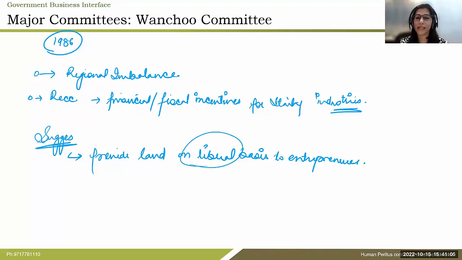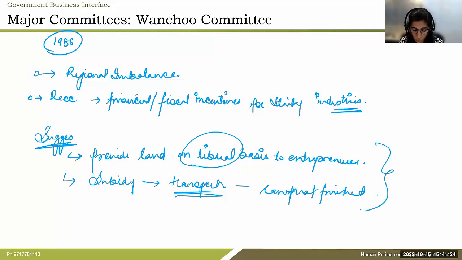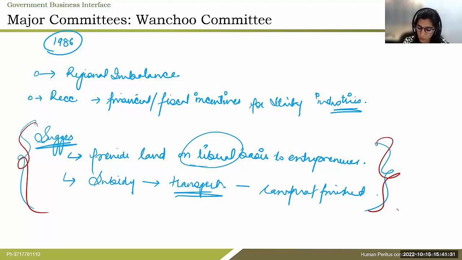No red tapeism and all. Also, subsidy should be given on transport, so that raw material or finished products can easily be delivered from one area to another area. So these were the 2 basic and major suggestions which were given by the Wanchu Committee.